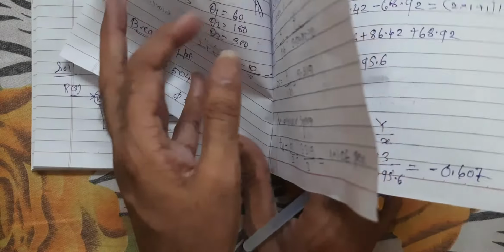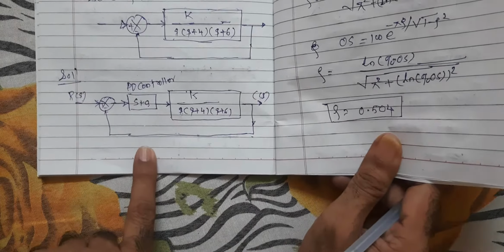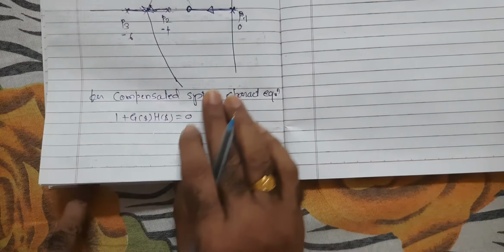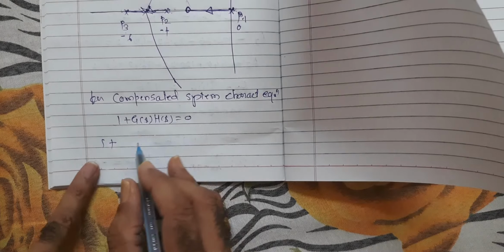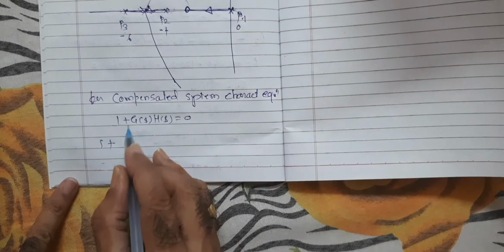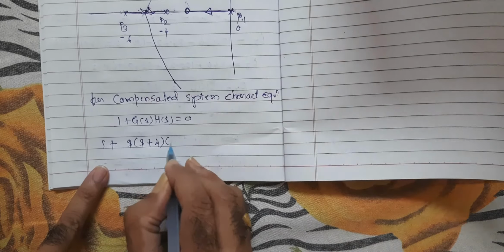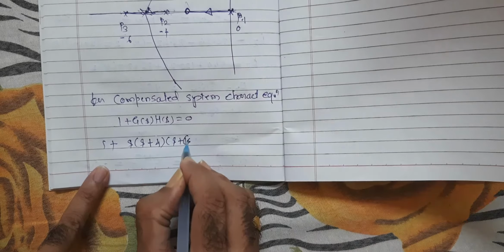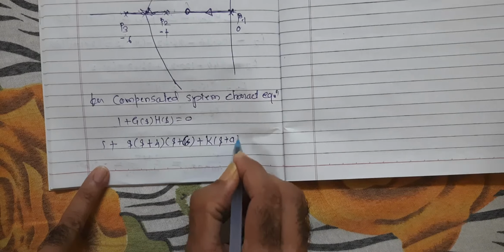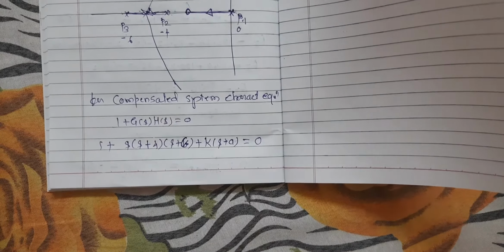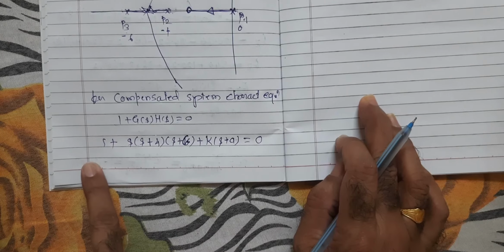So it is a unity feedback system, so 1 plus G(s) H(s) equals 1 plus s into (s plus 4)(s plus 6) plus K into (s plus a) equals 0. Solve these and we get this equation.